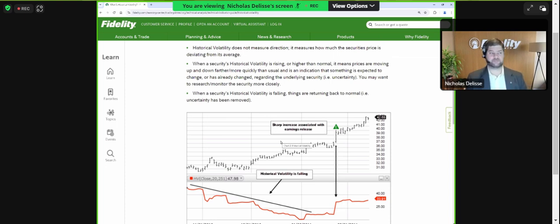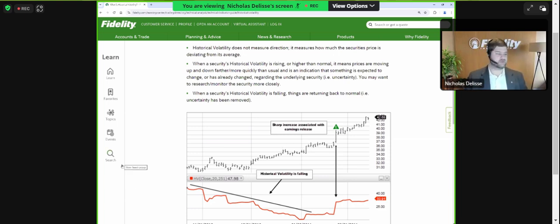And so if you're looking at an HV20, that's the volatility based on the last 20 trading days, and typically then from the 20 period moving average. And maybe actual volatility is something like 5% deviated from that moving average.